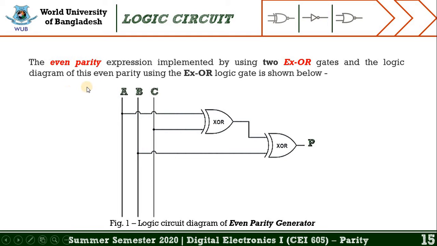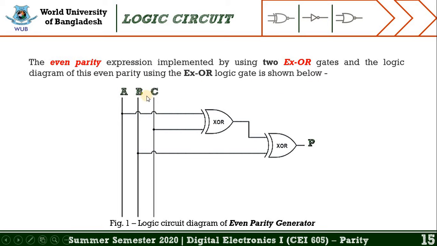From this slide, we may learn the logic circuit of the even parity generator. The even parity expression is implemented by using two XOR gates, and the logic diagram of the even parity using the XOR logic gate is shown below.